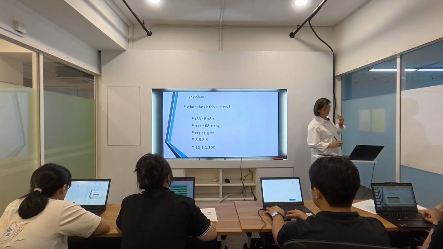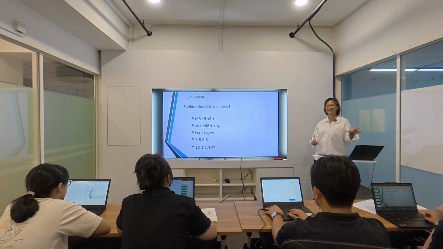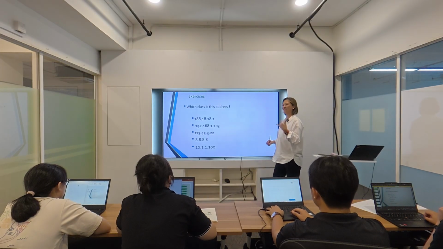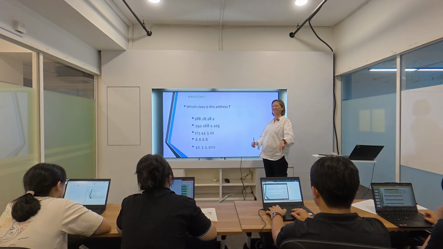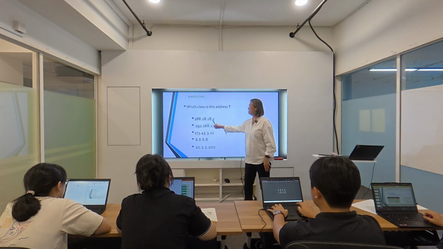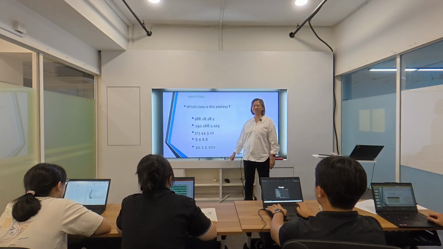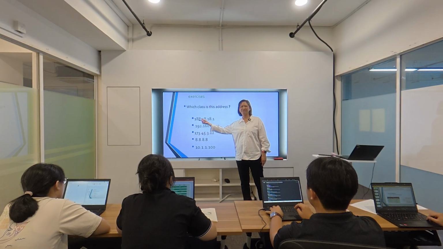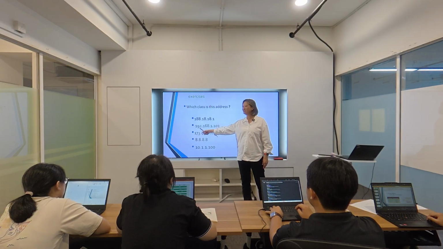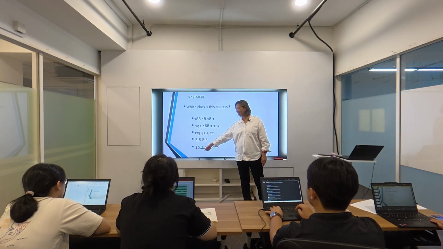If you like to convert to binary, you can classify according to the first bit, the first 2 bits or the first 3 bits. But if you like it in decimal, then you know the range of the first octet. So 188 would be class B. 192, C. 173, B. 8, A. 10, A.